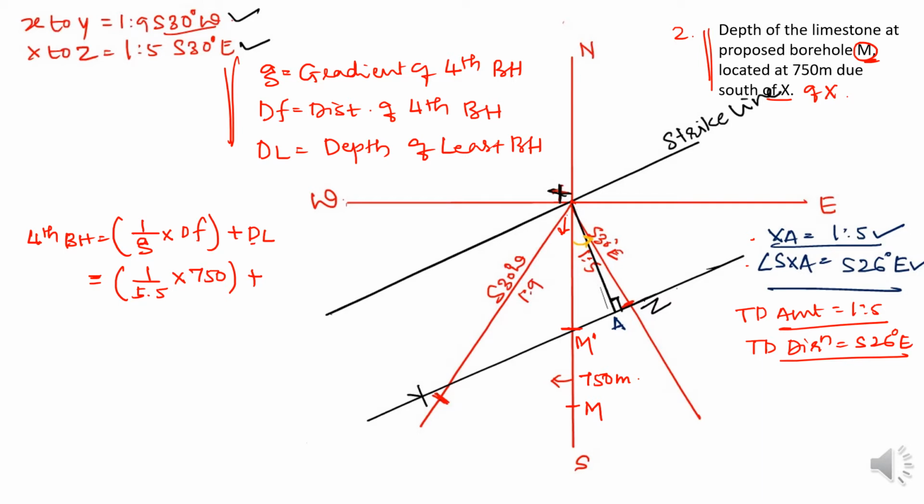The least borehole is X, and its depth is 20. Now if you solve it, you will get the answer as 153.93 meters. That is the correct answer, which gives you the depth of the fourth borehole. This is how problem number 1 ends here.